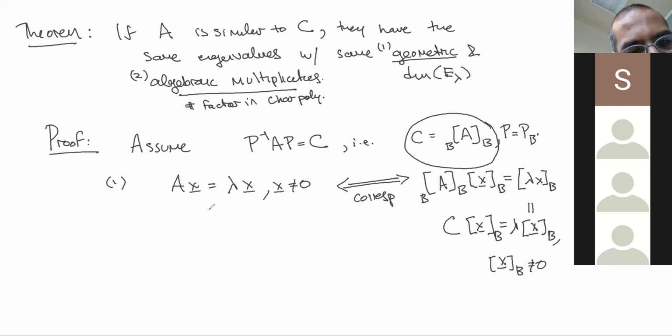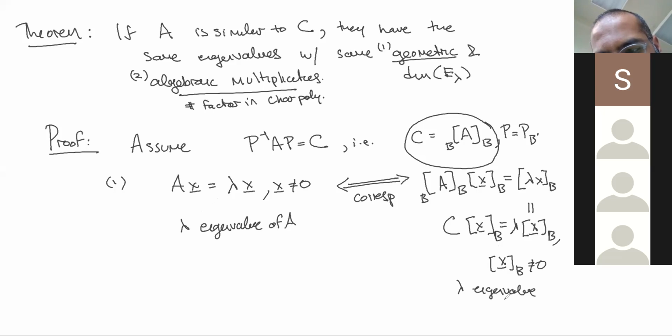This is exactly what you need for lambda to be an eigenvalue of A. And this is exactly what you need for lambda to be an eigenvalue of C. So whenever lambda is an eigenvalue of A, it's an eigenvalue of C, and vice versa, just by the correspondence principle. Similarity is just change of basis, and that doesn't change the validity of the eigenvector equation.